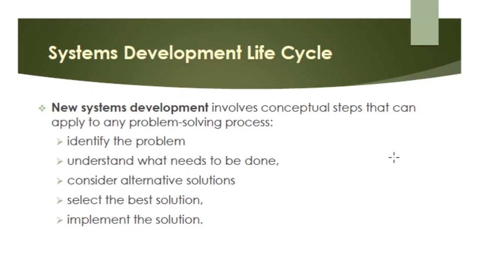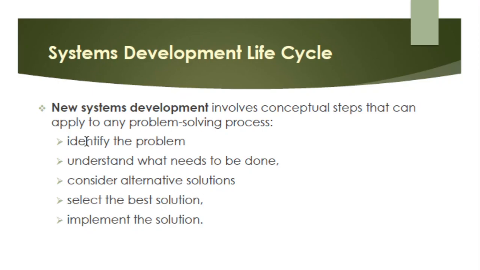So new systems development involves conceptual steps that can apply to any problem-solving process. So that is: identify the problem, understand what needs to be done, consider alternative solutions, select the best solution, and implement the solution.